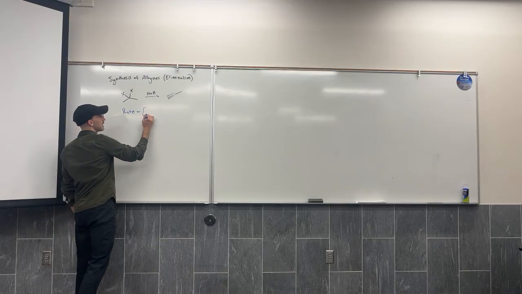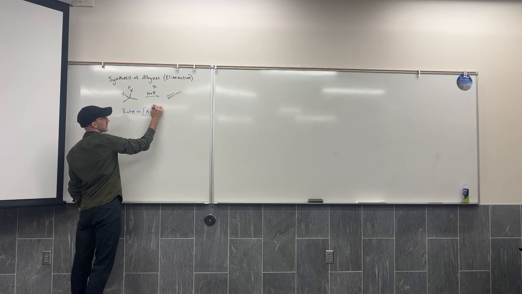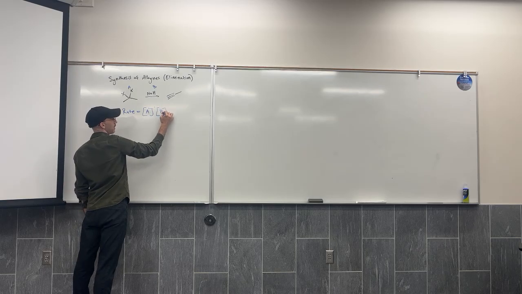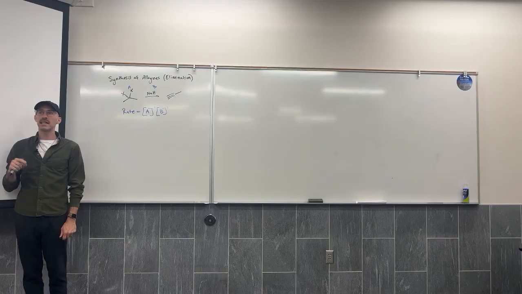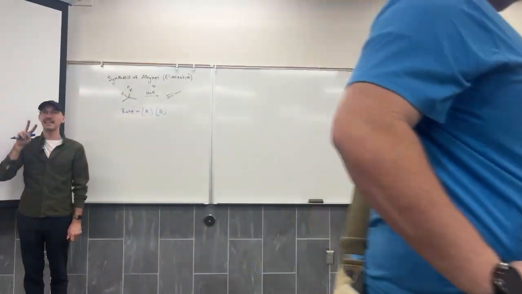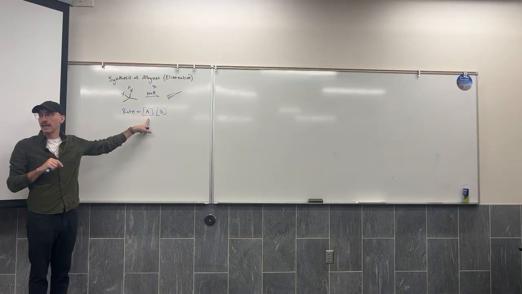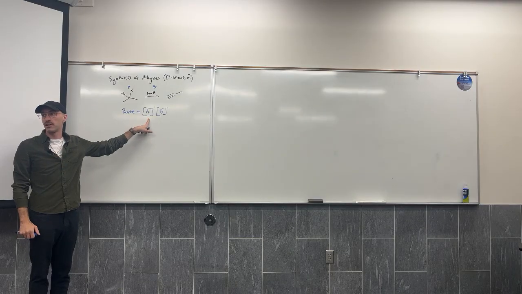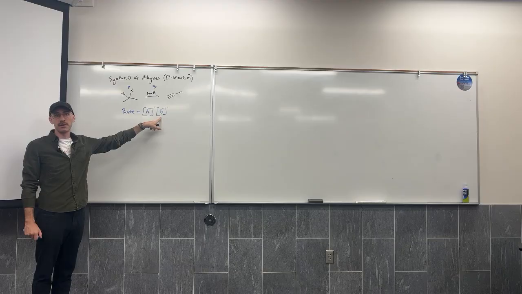So the rate is equal, can we call these A and B? If the rate is equal to the concentration of A and B, we say that the rate is second order. If I double the concentration of A, I double the rate of the reaction. If I double the concentration of B, I double the rate of the reaction.